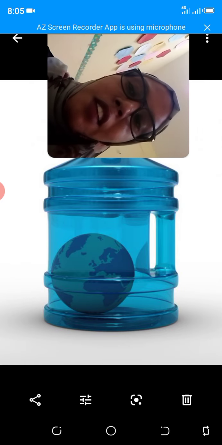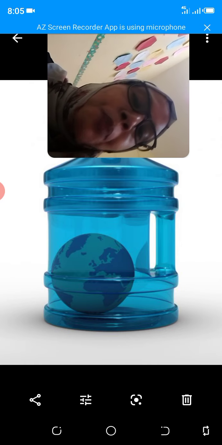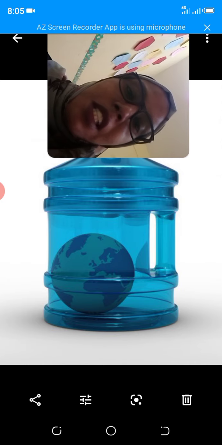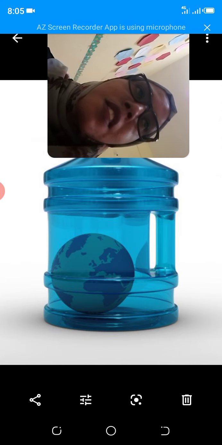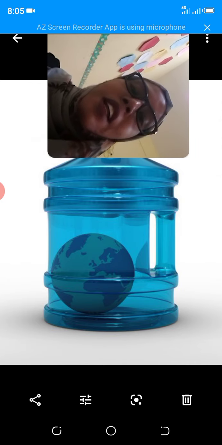Okay, also we have opaque materials. This material does not allow light to pass through it totally, just like this wall made of bricks. The light cannot pass through this wall because these bricks are opaque materials.